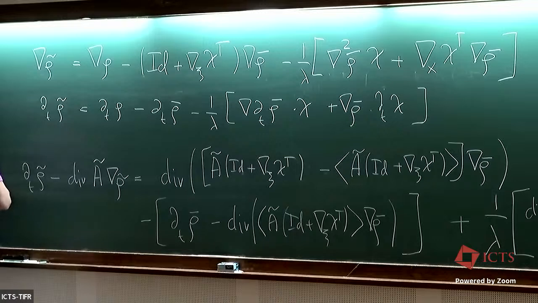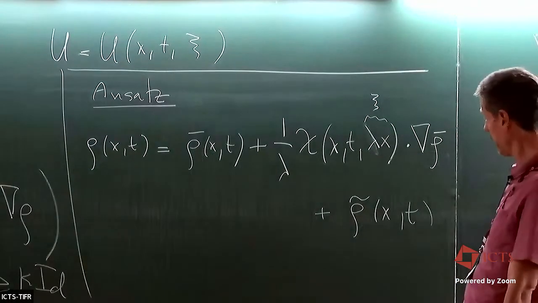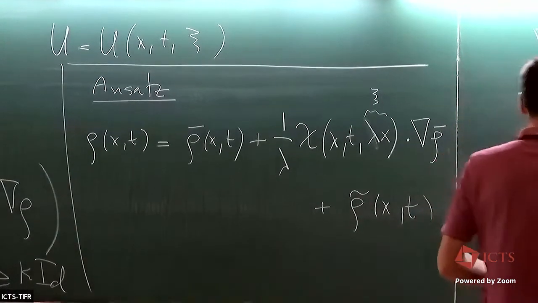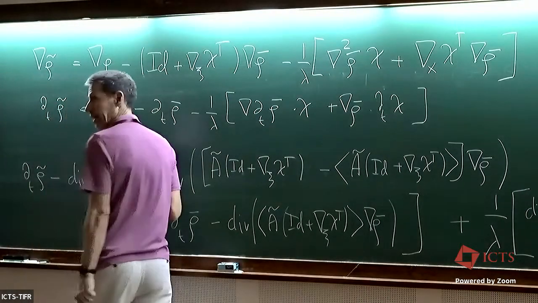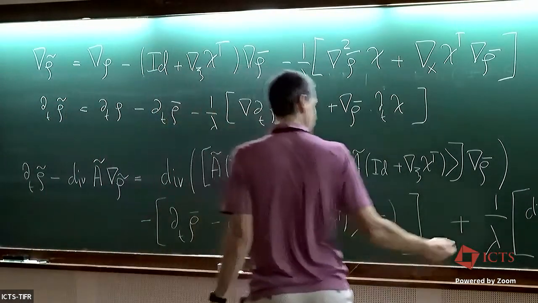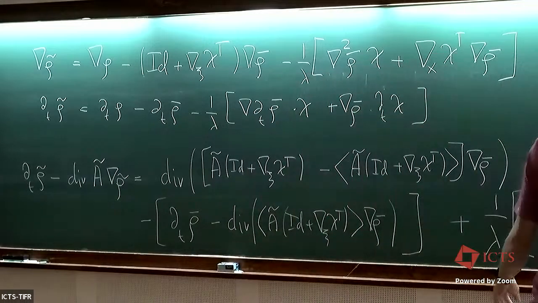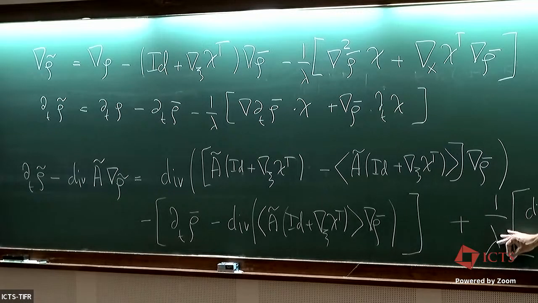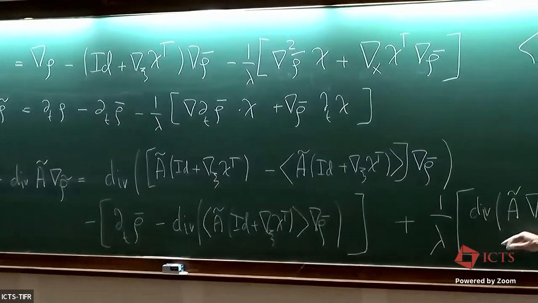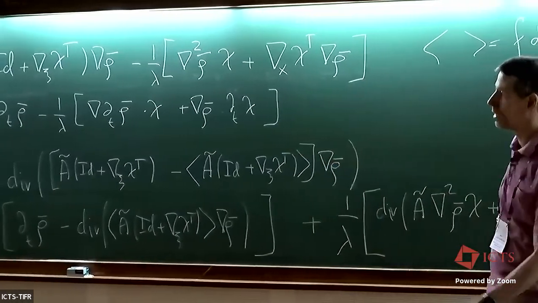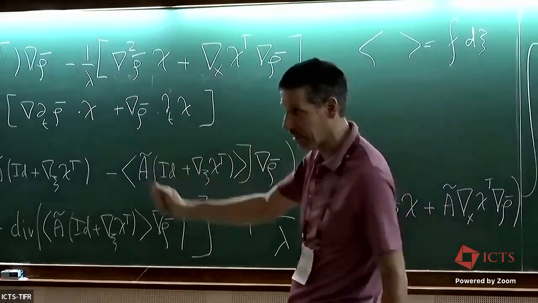Ideally, it should be order 1 over lambda squared, the next order, if you remember from yesterday. Now I have that it solves a parabolic equation with a right-hand side, where there are things like divergence of something divided by lambda. So this looks kind of good. By a standard parabolic energy estimate, this would give me a bound on the rho tilde, which has the 1 over lambda.